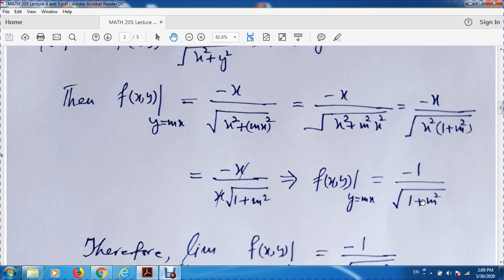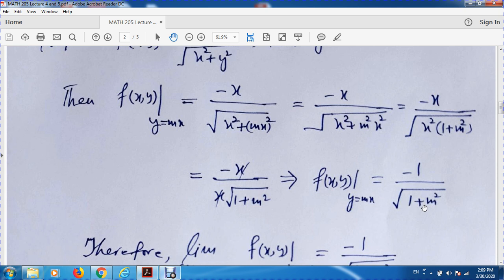You know from Calculus 1, if your function gives two different limits, say from one side it gives 1 and from the other side it gives 2, then we say the left hand limit and right hand limit are not the same, so the limit does not exist. Here we use the same concept, but with different paths.